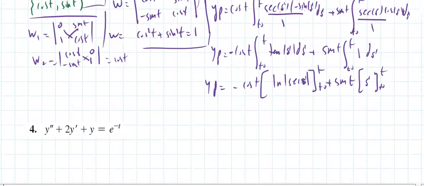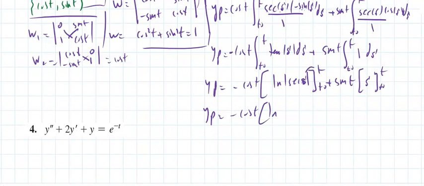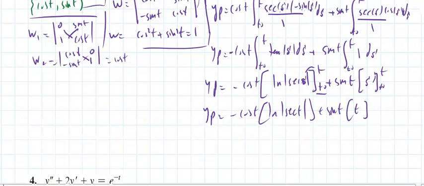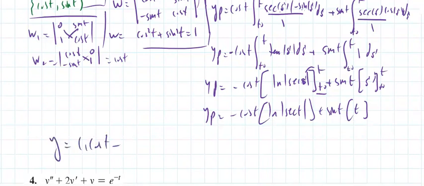Now we ignore the constant. So when you plug this in, you get natural log of secant of t minus some constant, we ignore that, plus the sine of t times t minus some constant, we ignore that, and we say the solution to this problem, the entire solution, is going to be c sub 1 the cosine of t plus c sub 2 the sine of t minus the cosine of t natural log of secant of t.